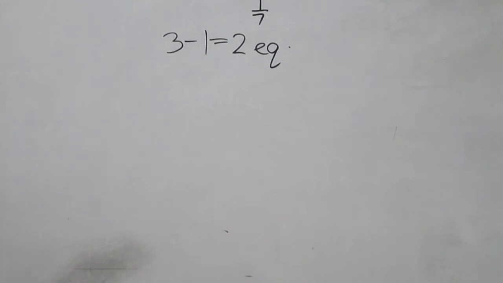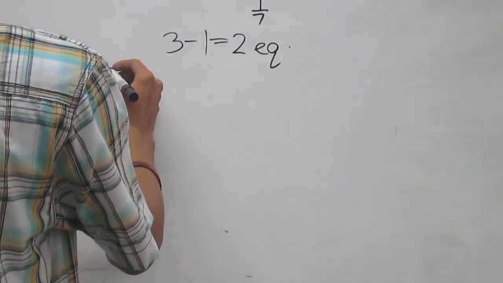So, the first step is we identify the first equation node by node, and we will take node A first.